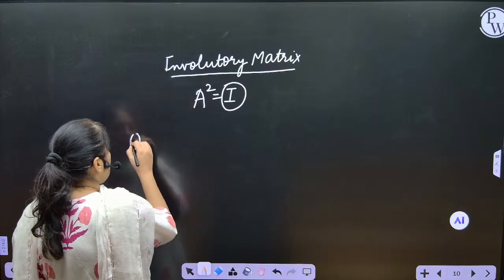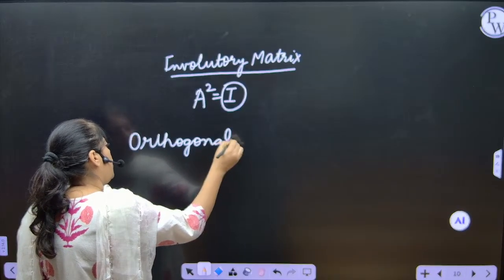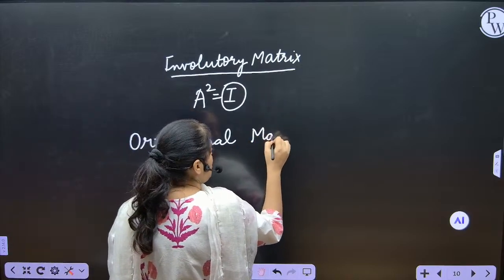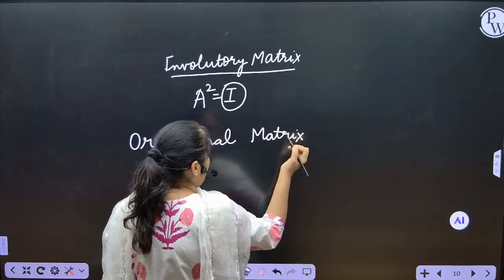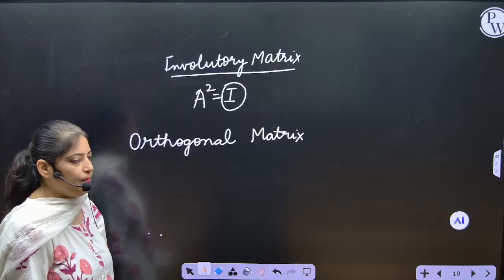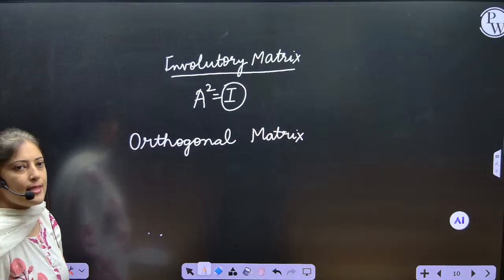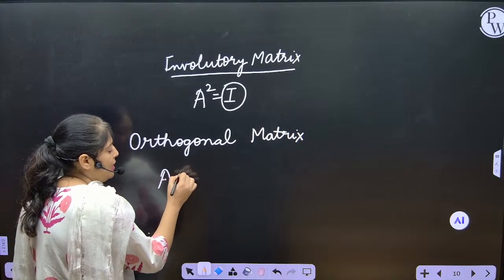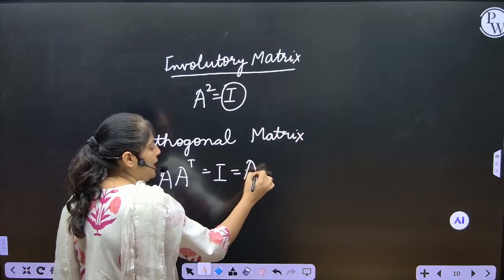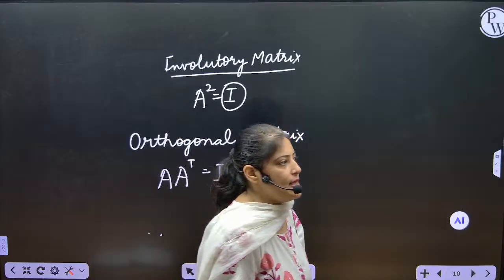Then comes your orthogonal. Orthogonality you must have done in some of the chapters. It is not exactly that, but 90 degrees. So for orthogonal, the condition is A into A transpose should equal identity, or A transpose into A should come out to be the identity matrix.